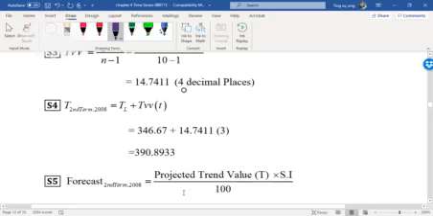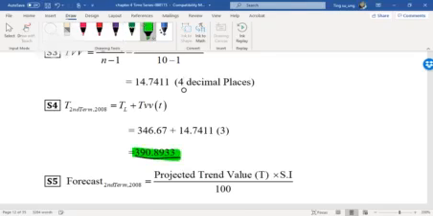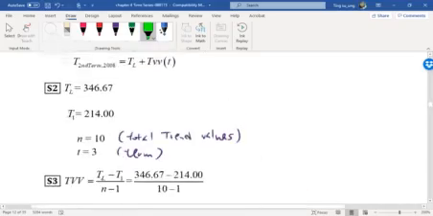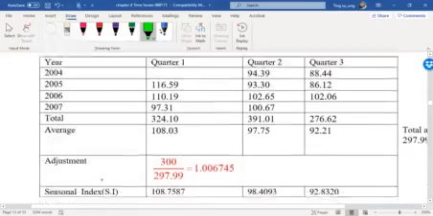Proceed with the forecast. So what is your projected trend value? You got 390 point, this one. So substitute into the formula. What is your SI? SI on what? Second term. SI on second term is this one.